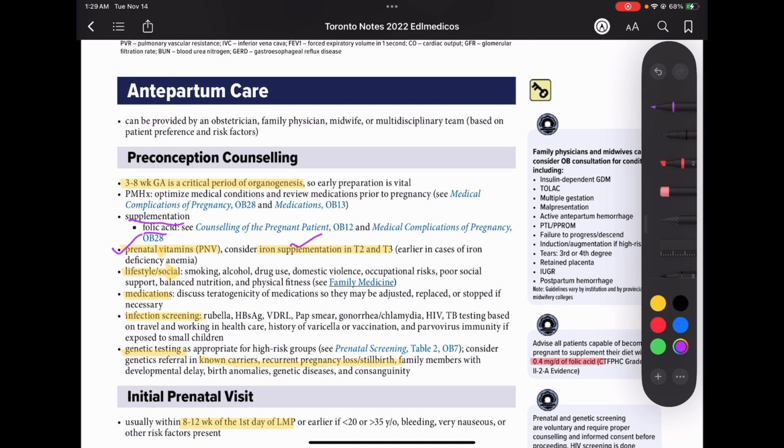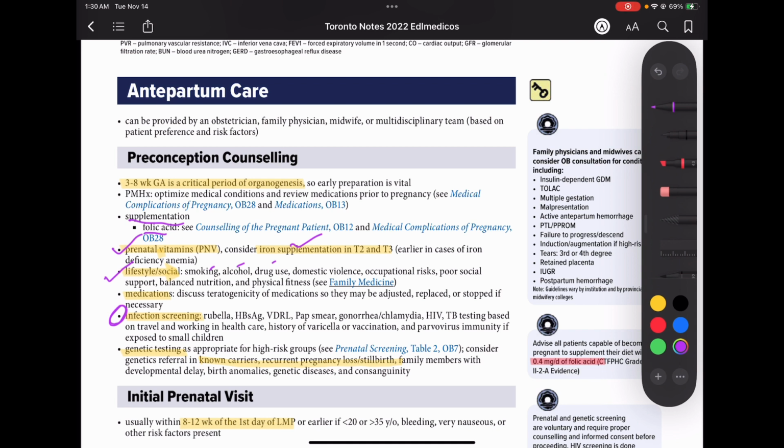Then talking about lifestyle changes: smoking, alcohol, drug use, you need to quit them. There's zero tolerance for them for the baby when you're pregnant. And then domestic violence, occupational risk, poor social support. Talking about medication, the teratogenicity must be adjusted, and then some infection screening too, because that's pretty important.